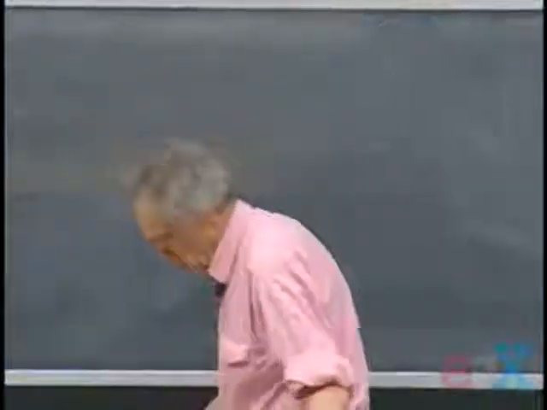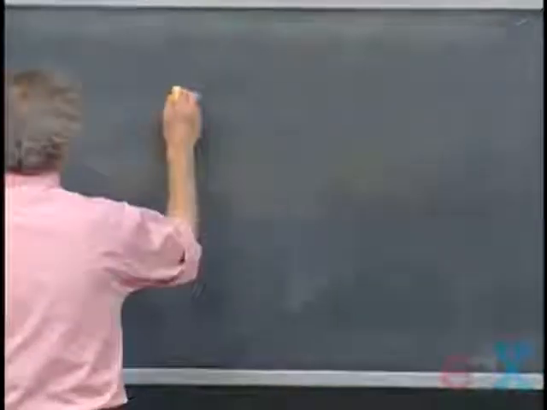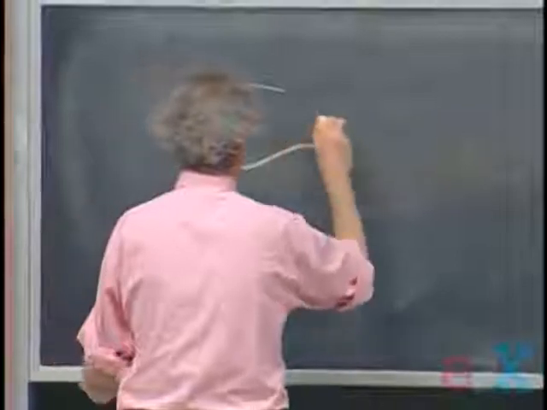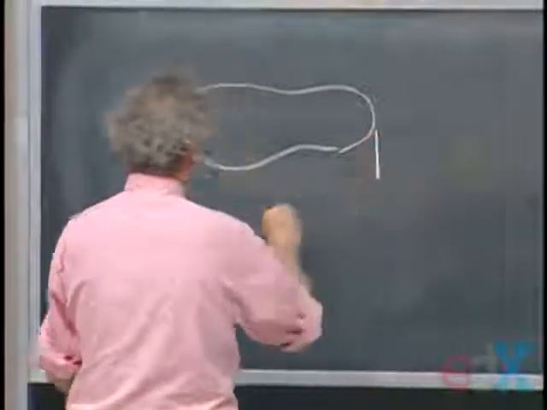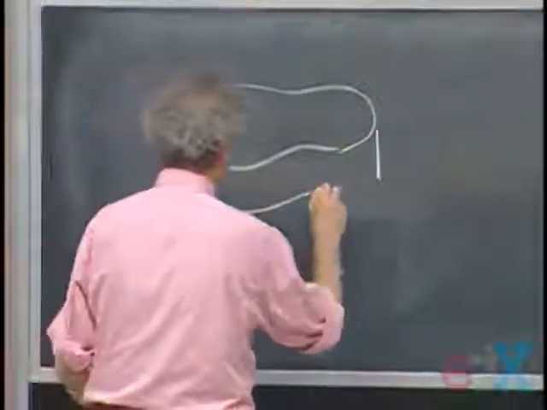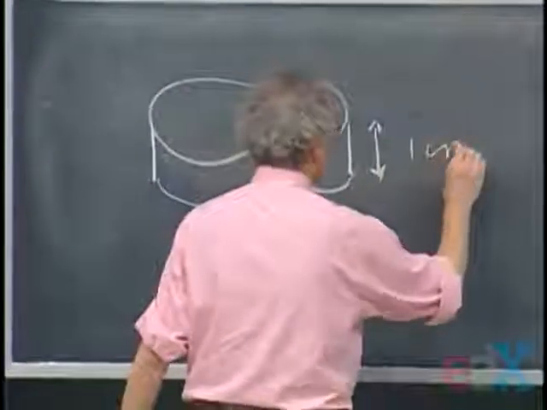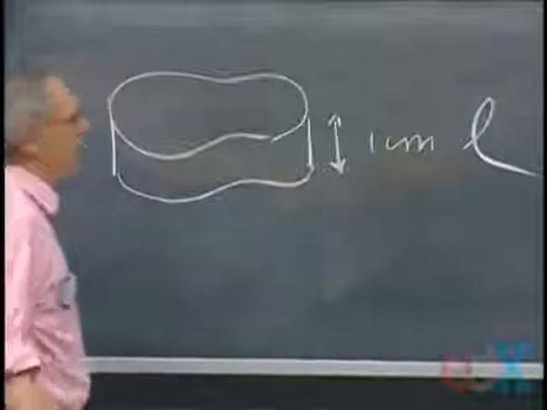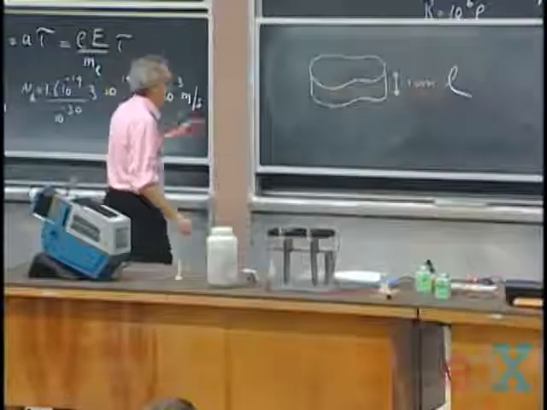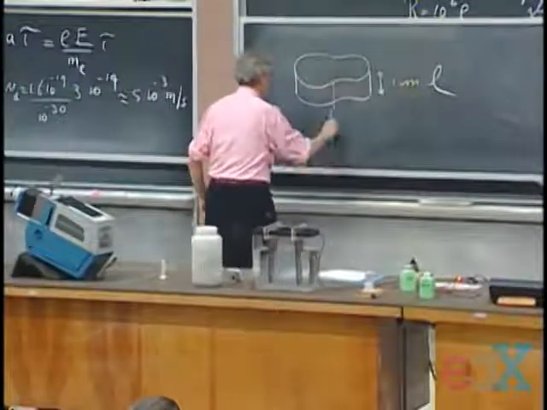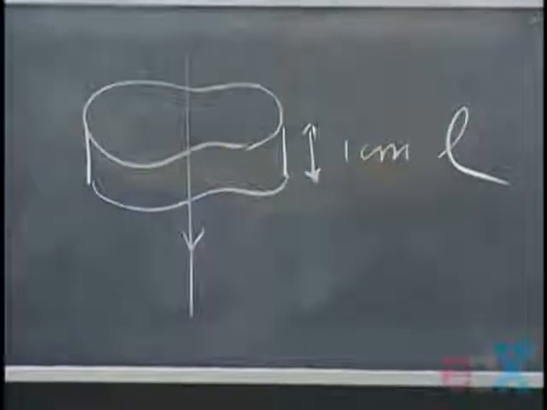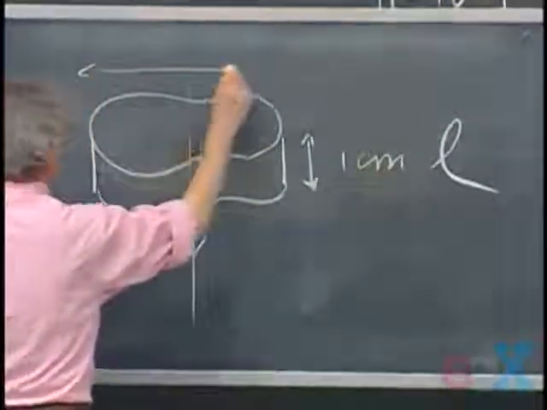But if you look at my soles, then you get something like this. And it has a certain thickness, maybe 1 centimeter. This now is L in my calculation for the resistance because current may flow in this direction, so that's L. Well, how large is my foot?